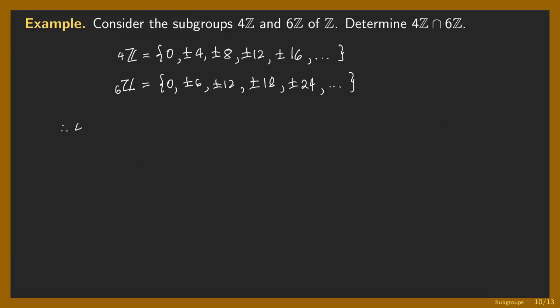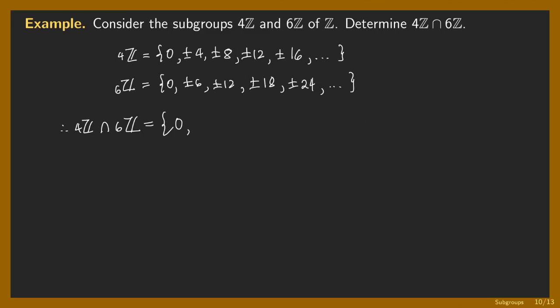So for the intersection of 4Z and 6Z, when we take an intersection, we take what's common. So 0 and 0 are here, so we'll bring down 0.